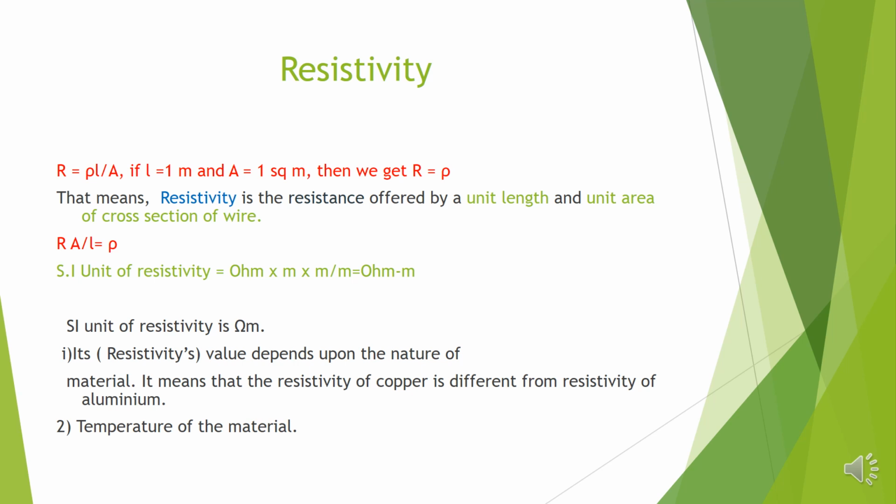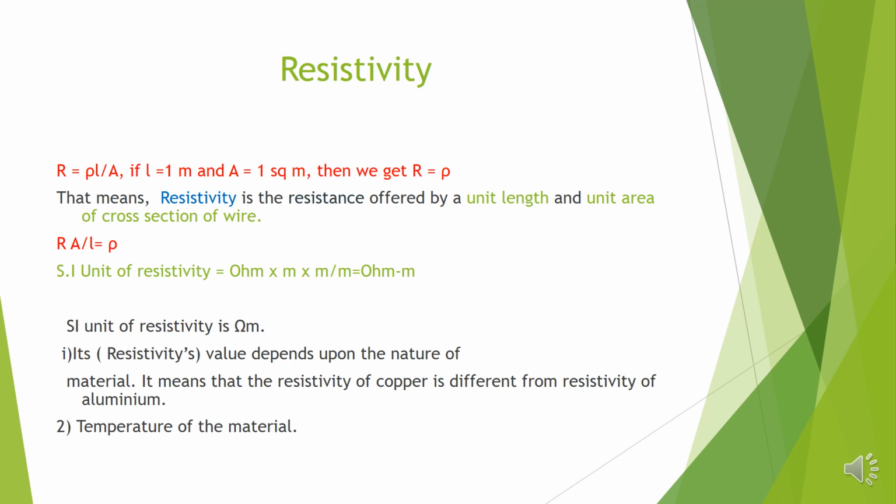SI unit of resistivity is ohm meter. You can derive it from the formula. Now here, something very important we have to remember. Resistivity value depends only on the nature of the material used.